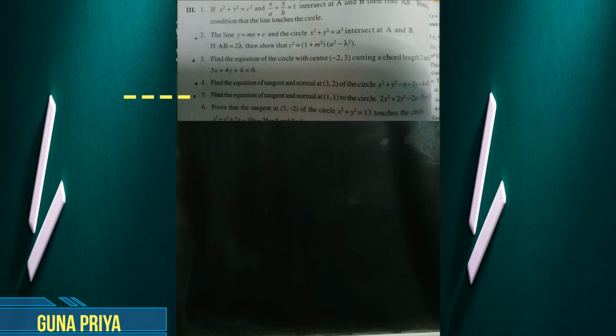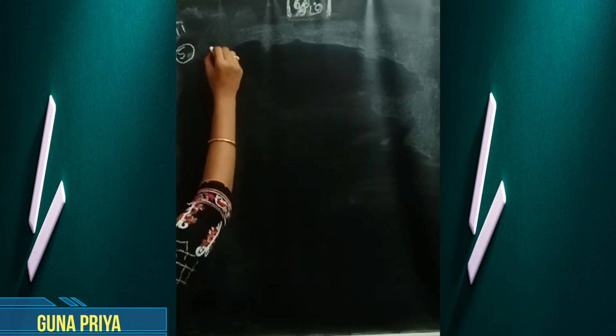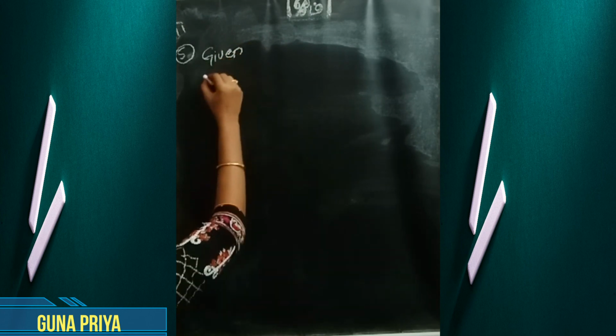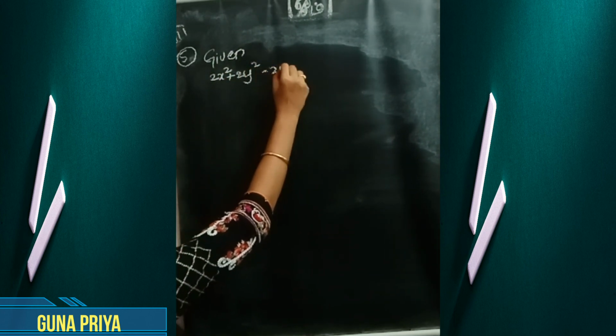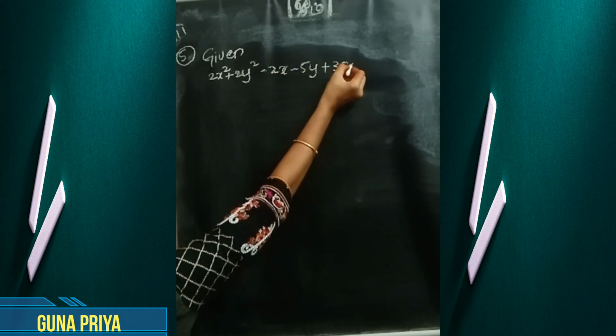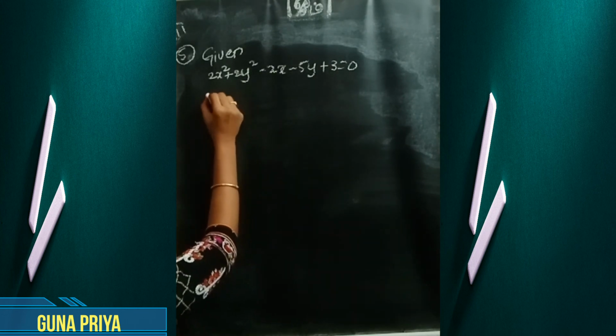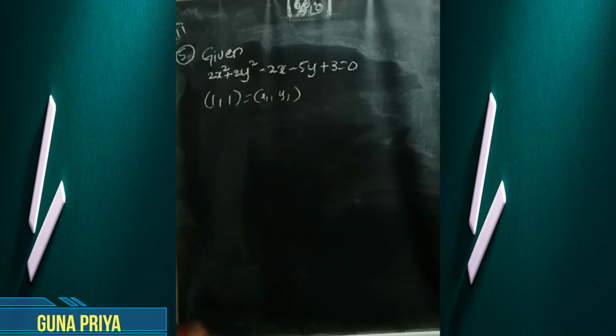Our fifth problem is to find the equation of tangent and normal at 1, 1 to the circle equation. So they have given one circle equation, same as the previous problem. First write the given: 2x square plus 2y square minus 2x minus 5y plus 3 equals to 0. And the point they have given, that means x1 comma y1.